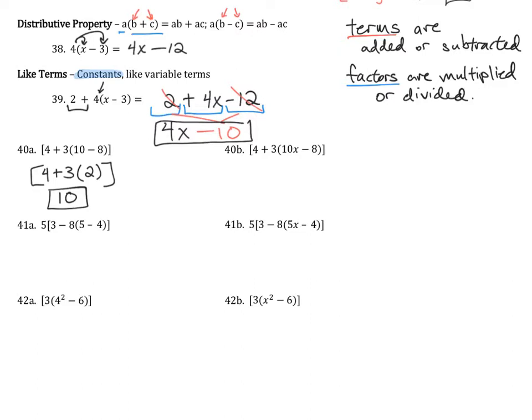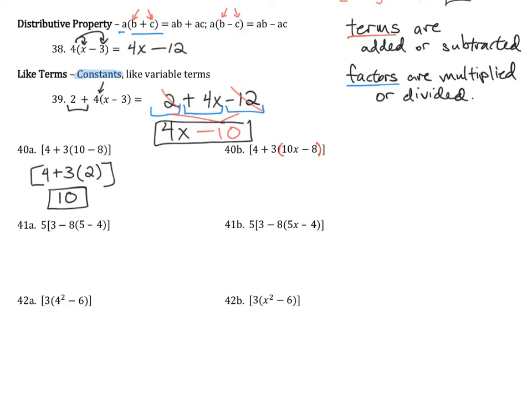How does that change when we start throwing in variables? Well, we can't simplify what's inside this set of parentheses. It's as simplified as we can get. Remember, in order to combine terms, they have to have the same variables in each term, and those variables have to have the same exponents. That is not happening here, so we cannot combine that. But we can still simplify.